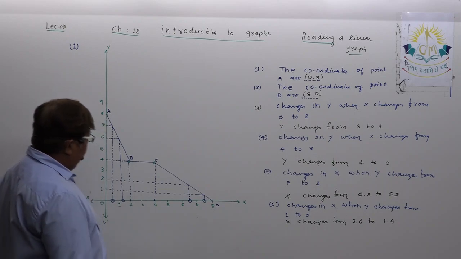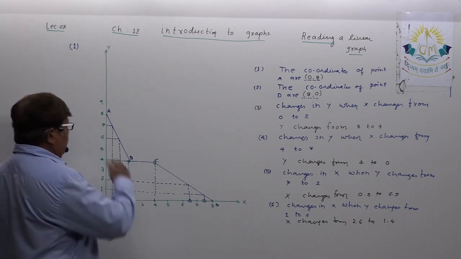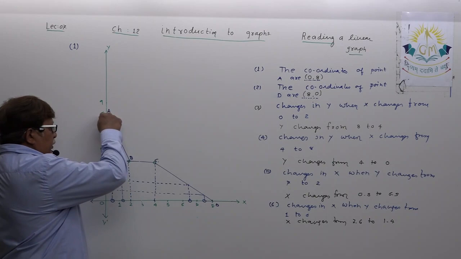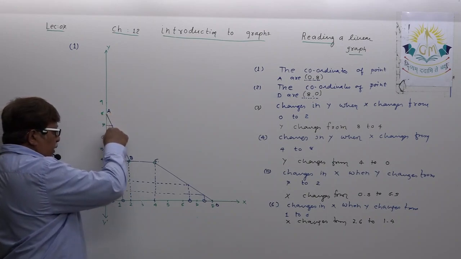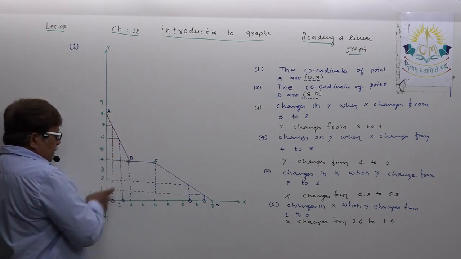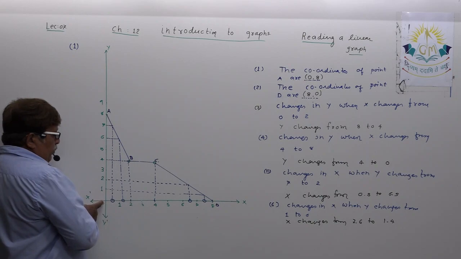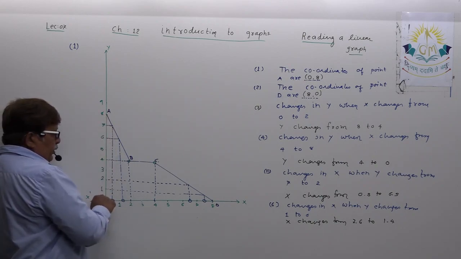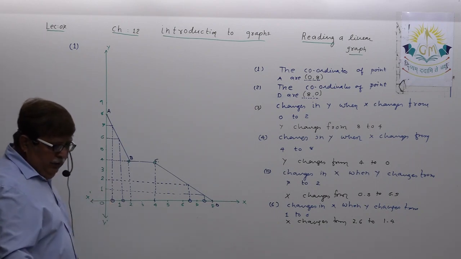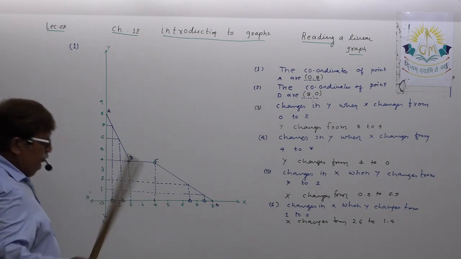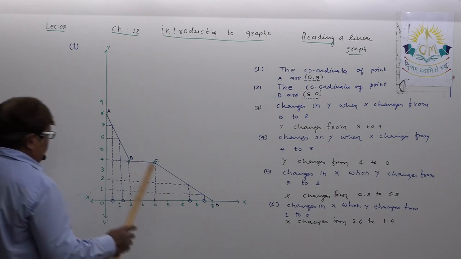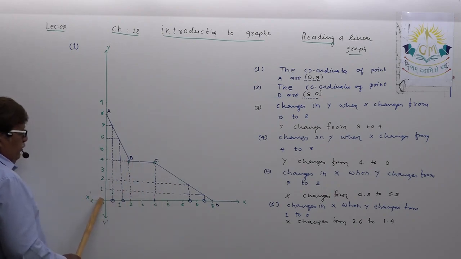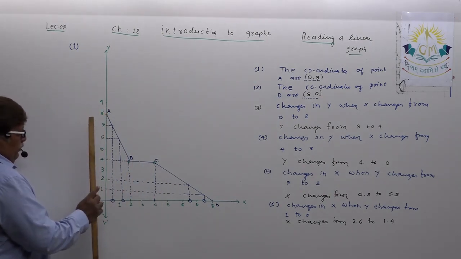Right. And you see one thing, dear student, the graph is a sloping graph, you know. When the value of x is 0, y is 8. Now, this is also a technique of reading: x is 0, y is 8.